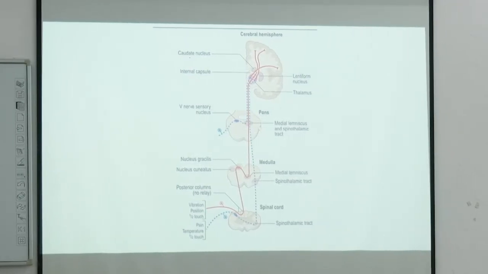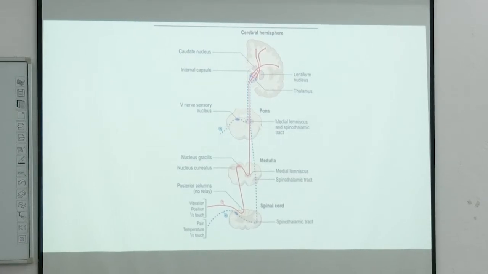But in the spinothalamic tract, as soon as it enters the spinal cord through the dorsal root, the pain and temperature carrying fibers cross the midline in front of the central canal, and the second order neuron immediately crosses to the opposite side, right?